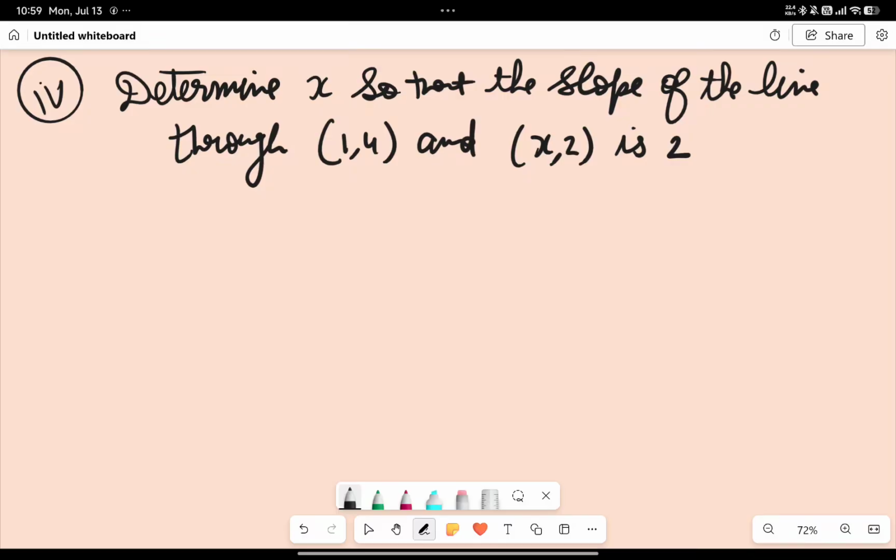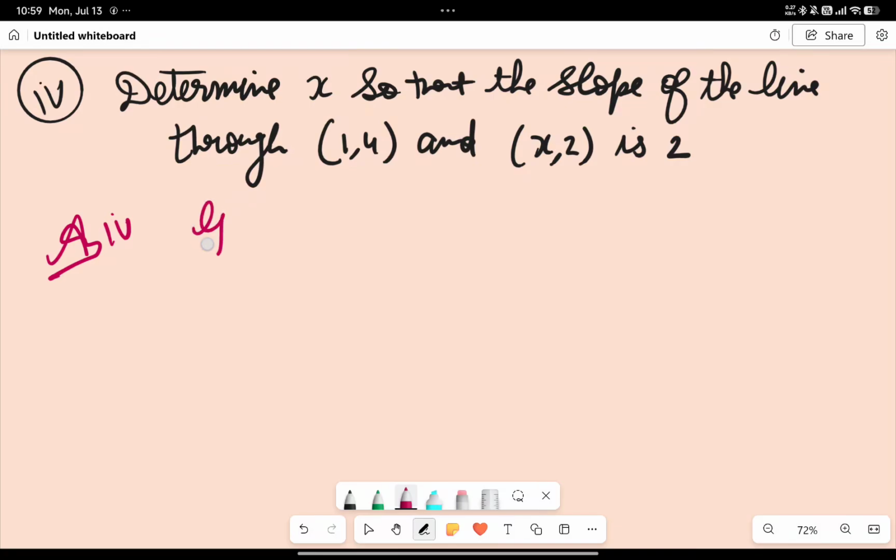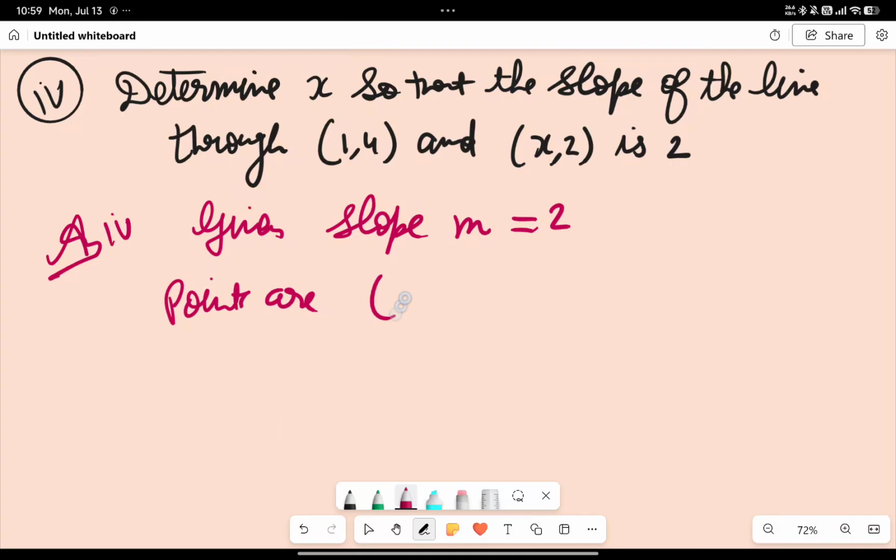Very good. We have to find the x so that the slope is given here. So what is given here? Slope m is 2 and points are 1 comma 4 and x comma 2.